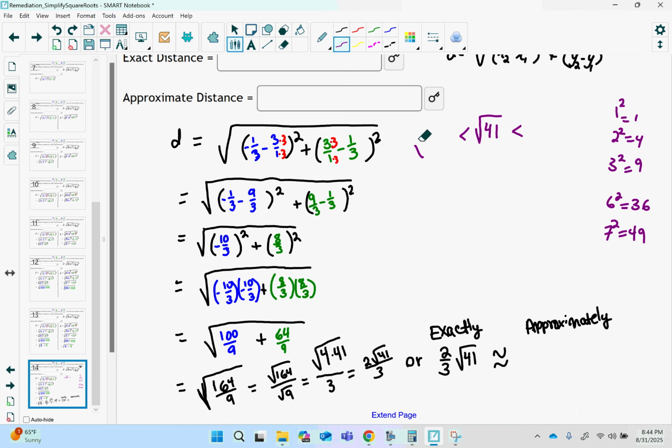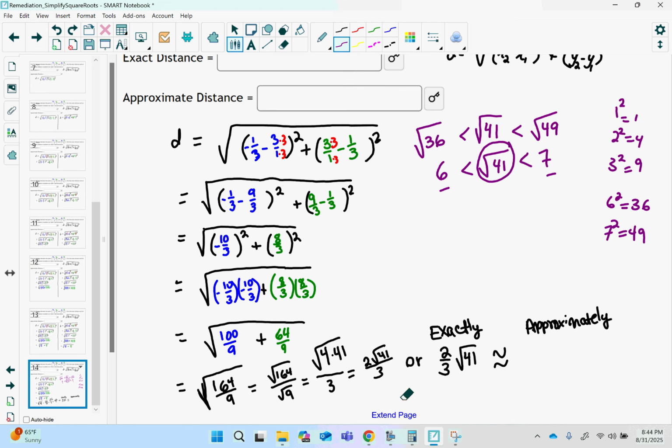So the square root of 36 is less than the square root of 41, and the square root of 49 would be greater than the square root of 41. So I know that since the square root of 36 simplifies to just 6, and the square root of 49 simplifies to just 7, now I know that I'm expecting the square root of 41 to be somewhere in between 6 and 7.